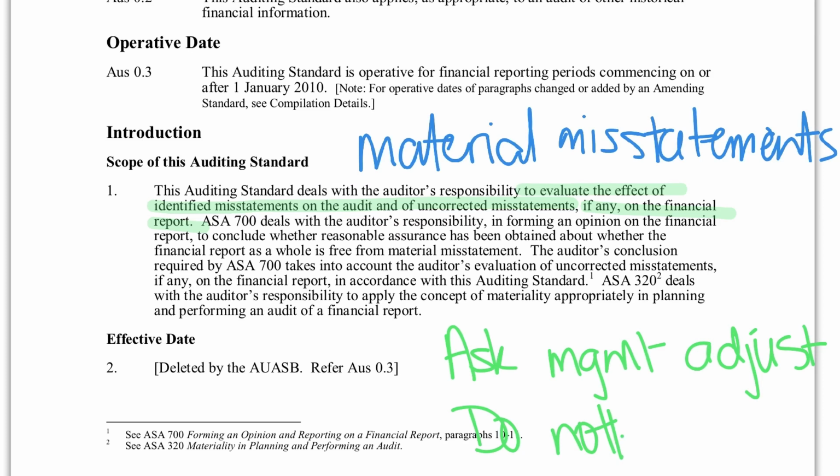And if you do nothing, you're going to have one of these uncorrected misstatements. Now, if you do have uncorrected misstatements, the standard is going to talk about what we have to do in those specific circumstances, because an uncorrected misstatement may in the future have some sort of flow-on effect in a future year. So we're not just thinking about this year, but we're also thinking about last year and future years.